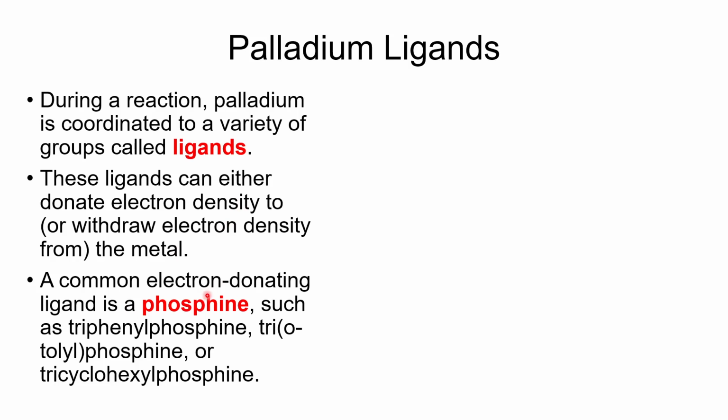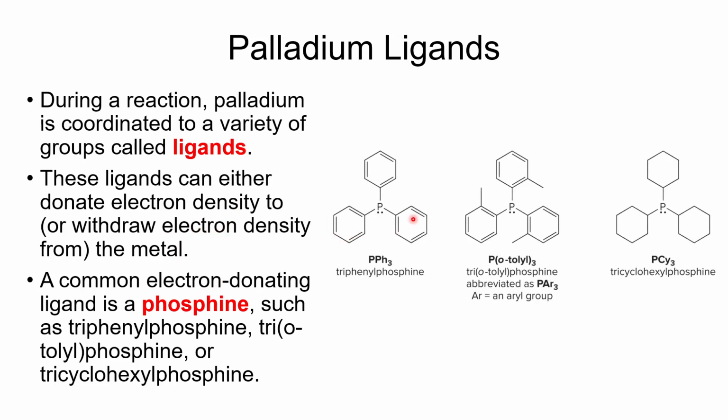Phosphine ligands tend to be good electron donating ligands. It is possible to get electron withdrawing ligands. We can see that at a later point. But here, this one is triphenylphosphine. We've seen triphenylphosphine before when we were talking about the Wittig reagent back in the chapter on aldehydes and ketones.